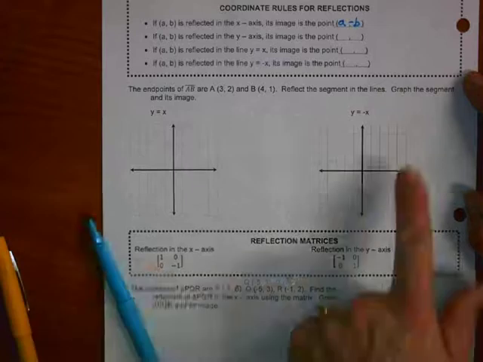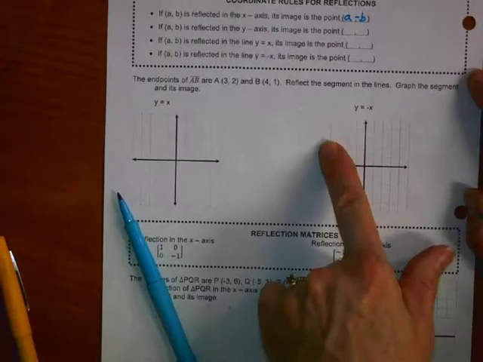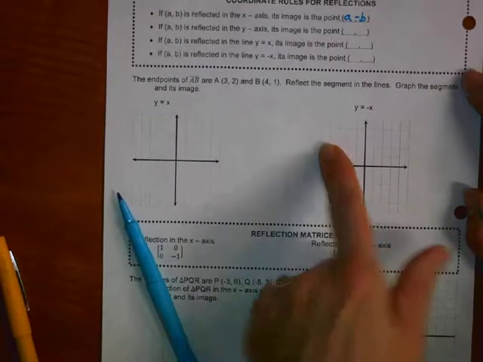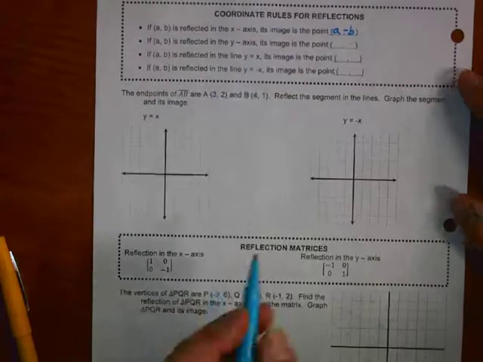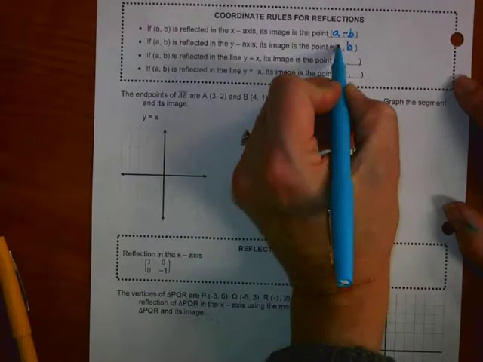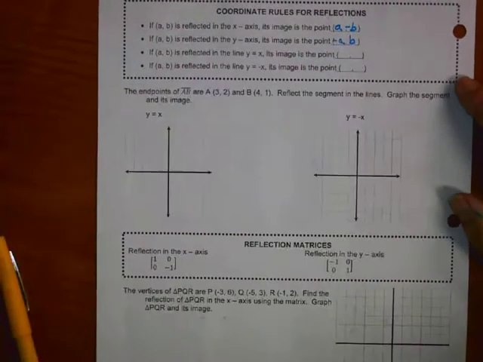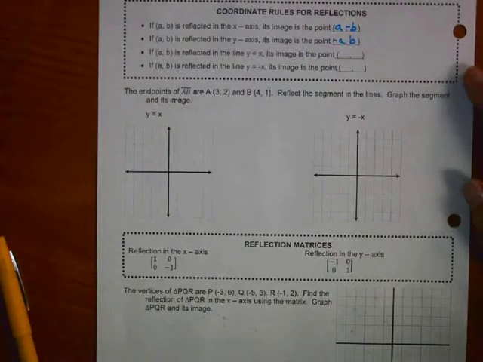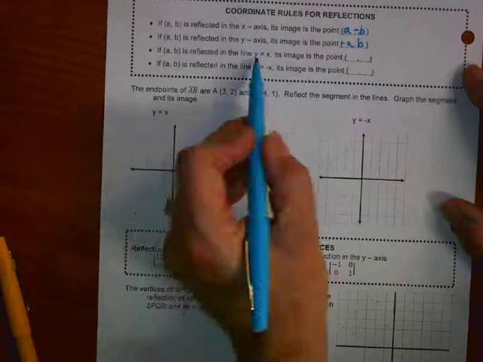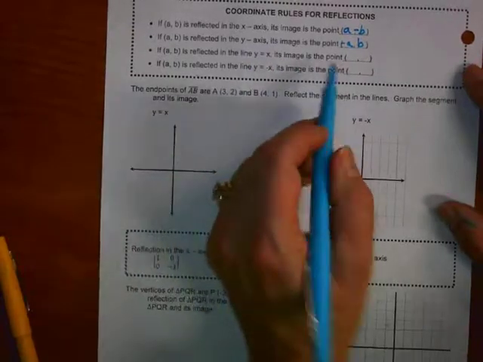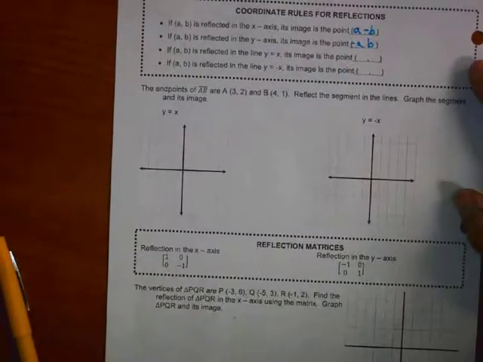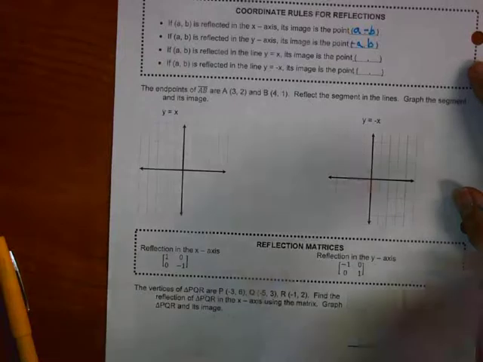So if you have a shape here that's reflected over the y-axis, does the y change? No, but the A goes to its opposite. So negative AB. Do you remember if AB is reflected in this line, its image is the point what? What happens to the coordinates?